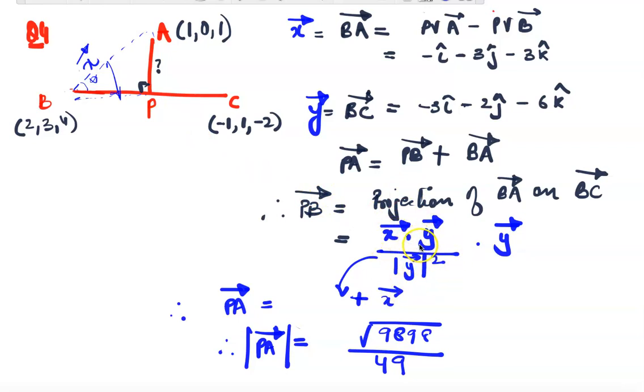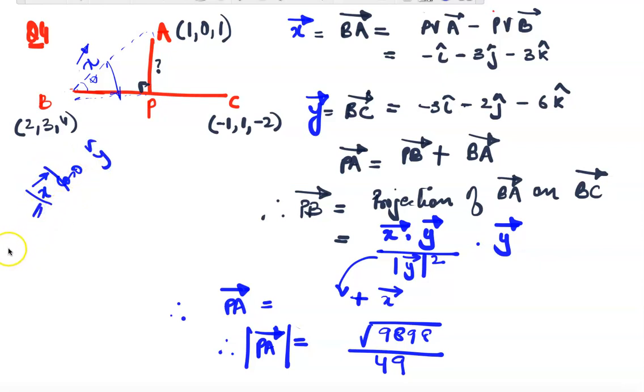which when given by a dot product is given by X vector dot Y vector divided by mod of Y vector whole square, times Y. So we can say that it is X cos theta Y hat. Right?